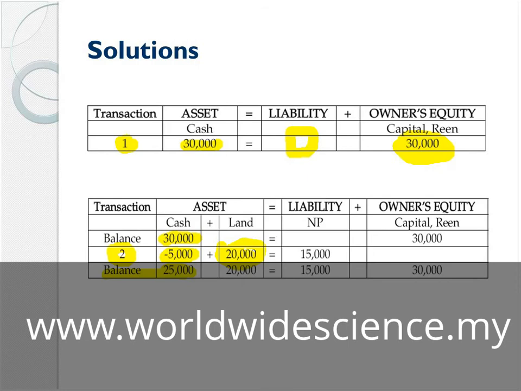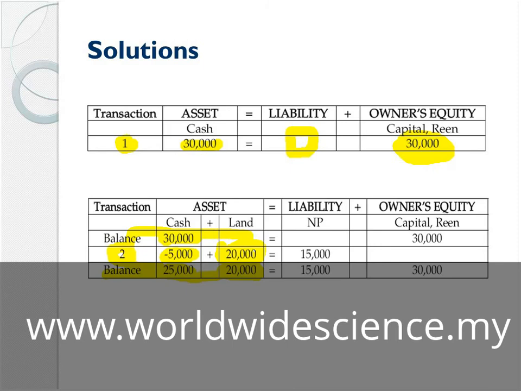Do you agree with me with these things? Who understands? Who didn't understand these statements? And then we will continue. Just let me know. So you remember, invested 30,000 in cash, right? It's capital. And then he paid to the bank 5,000.